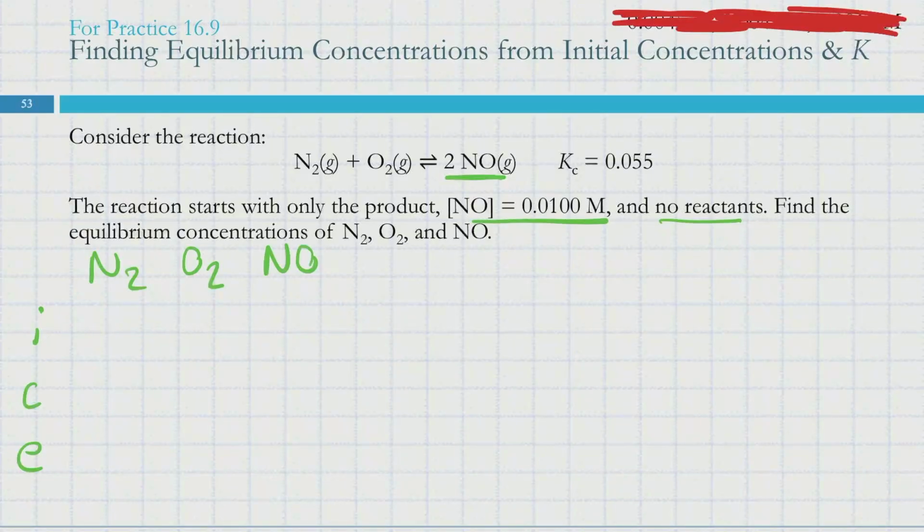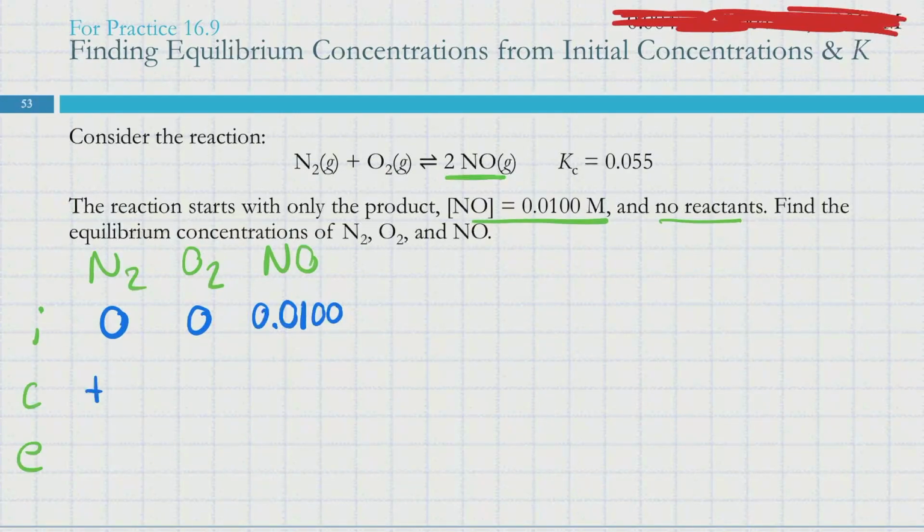We had 0 for our N2 and our O2, 0.0100 for our NO. Our change, since we're going to be producing N2 and O2, we're moving in the backwards direction.